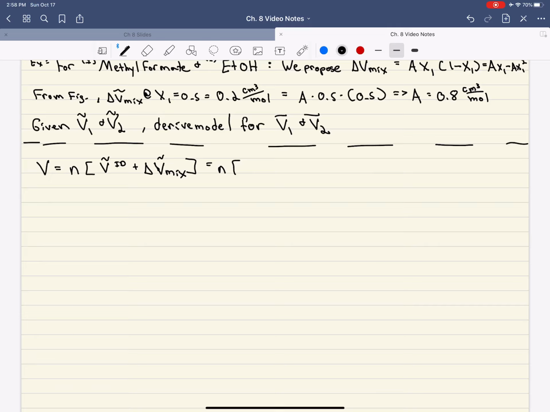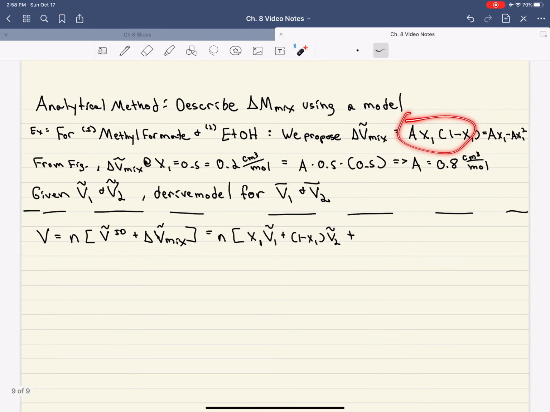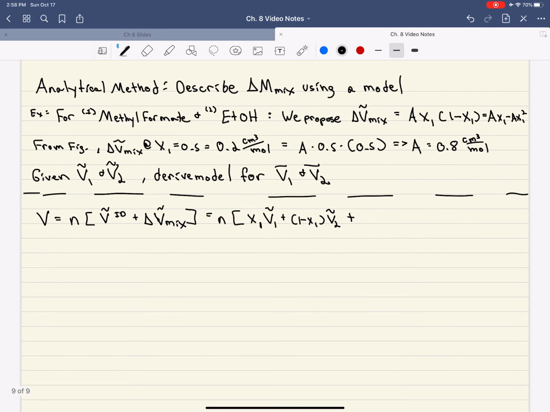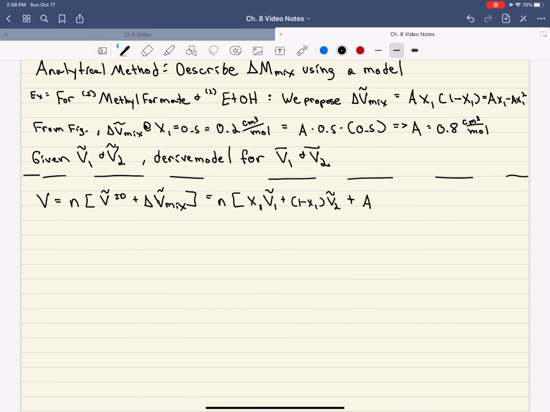For the ideal solution, we know it follows this form, x1 V1 pure plus 1 minus x1 V2 pure. And then delta V mix follows that model we proposed up top here: A x1 times 1 minus x1.